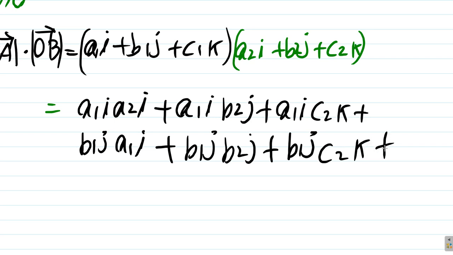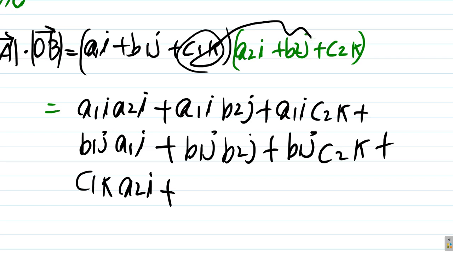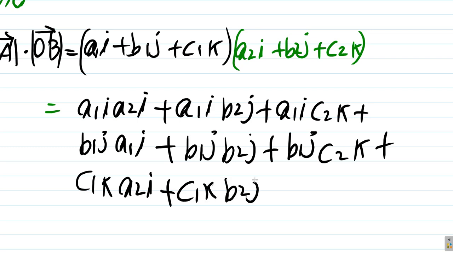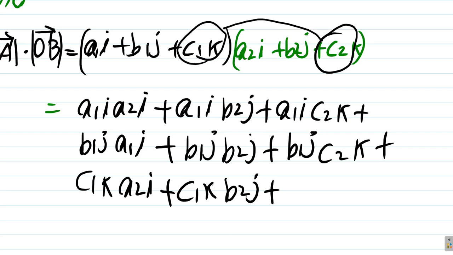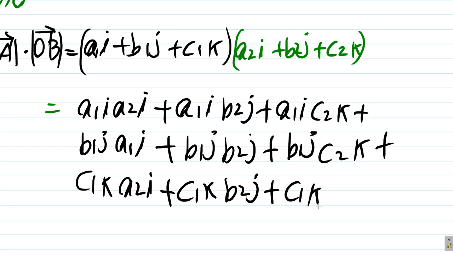See that? Plus, alright, after this now, C1K times A2I, plus C1K times B2J, plus then we have C1K by C2K. See that? Equals.